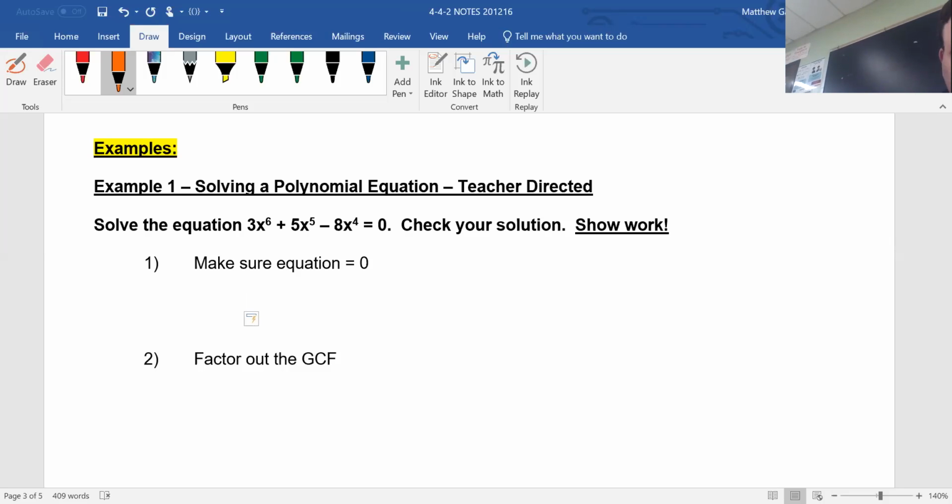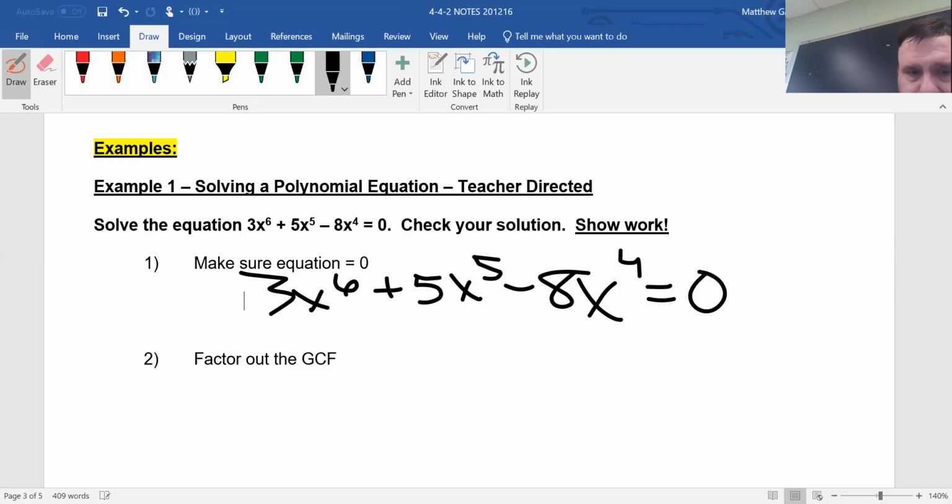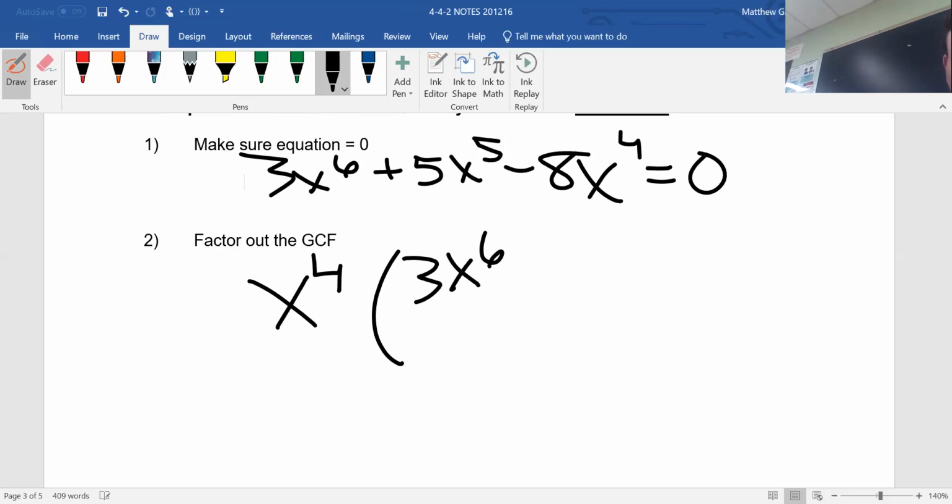Between 3, 5, and negative 8, the greatest common factor of the coefficients is 1. Pulling out the GCF is the same as yesterday. We're going to divide everything on the left side by x to the 4th power.